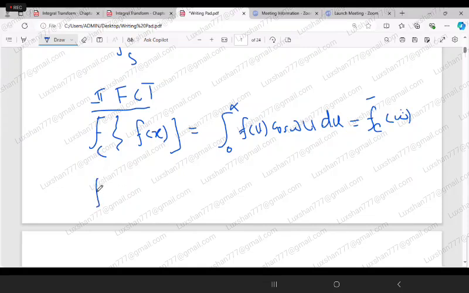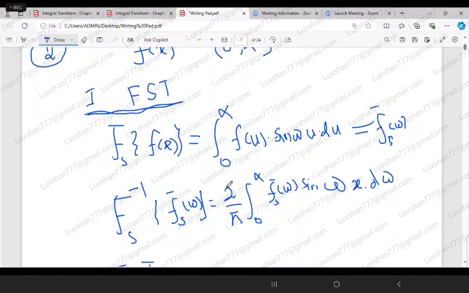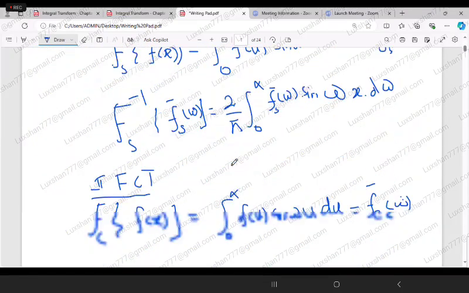Similarly, its inverse transform is equal to 2 over pi. Here look at the coefficient. In the complex transform it is 1 over 2 pi. In the sine transform it is 2 over pi.